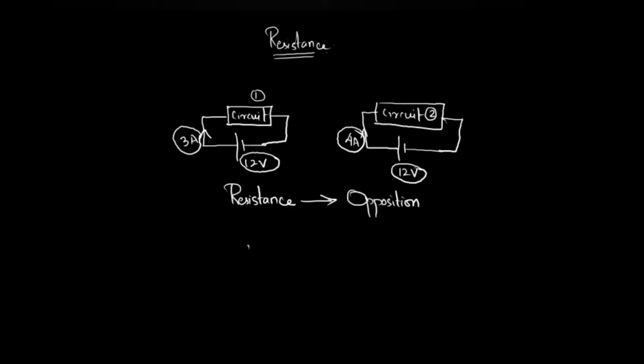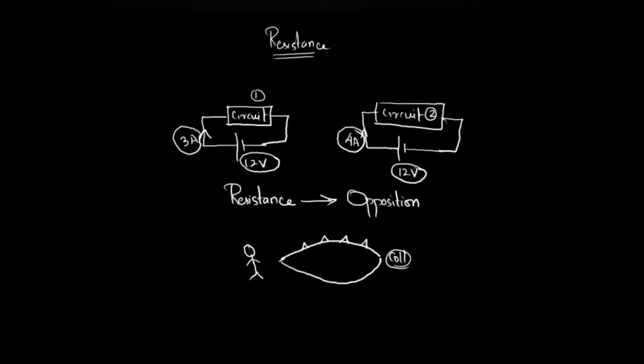Let's take an example. Assume that you have two paths to reach your destination. Let's assume that you are going to a college and we have two paths here. Both these paths have the same distance, but one path has so many speed breakers.